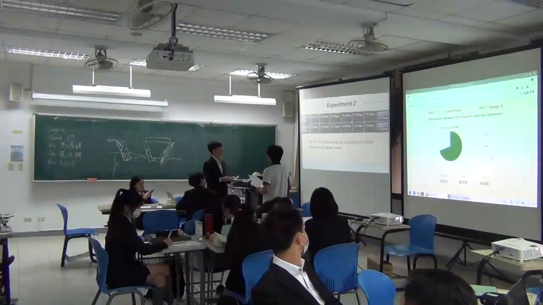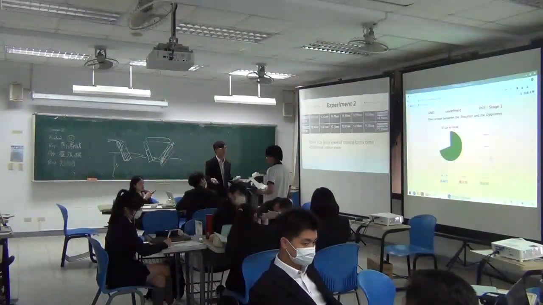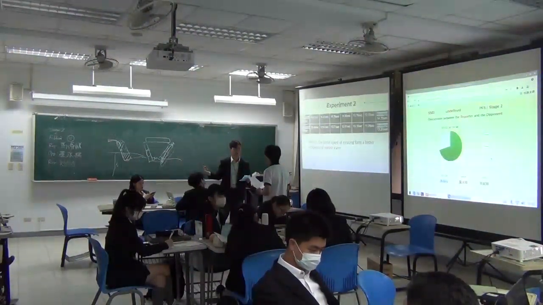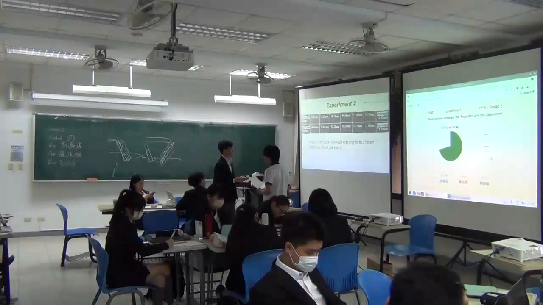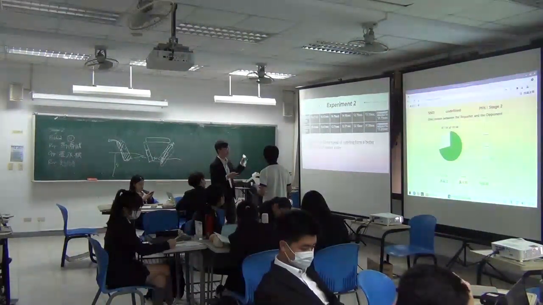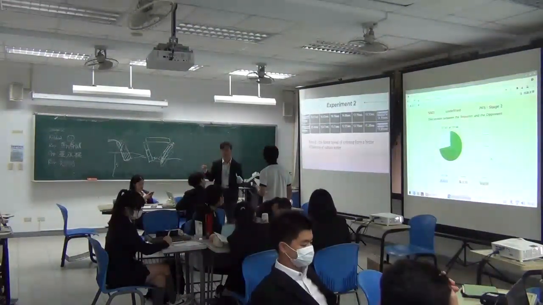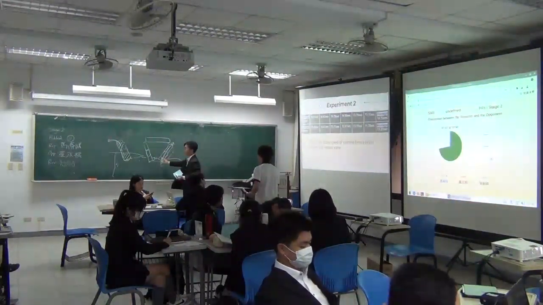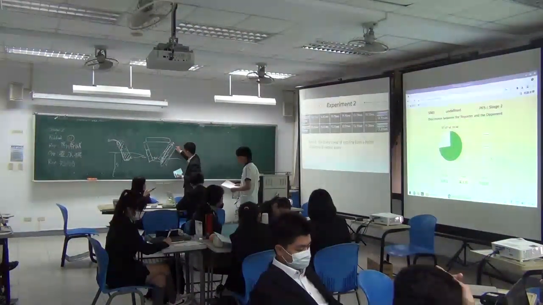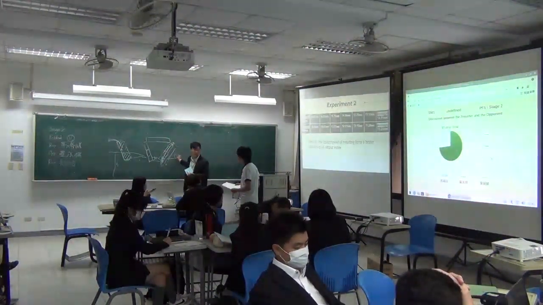Okay, so as the rotation speed goes up, the centrifugal force will increase too. And the second here means the time as the water goes from the bottom to here, is that right? Yes. This is the time period T.